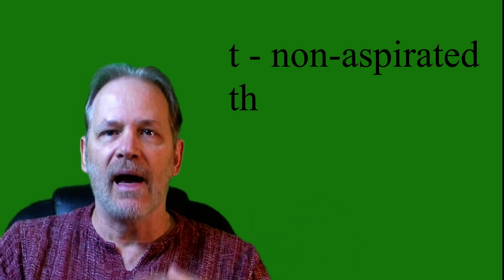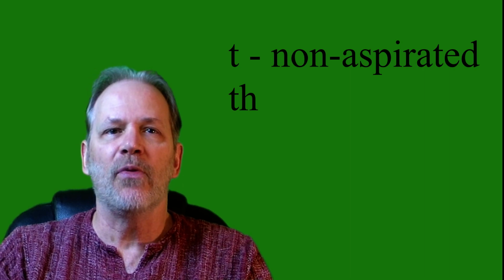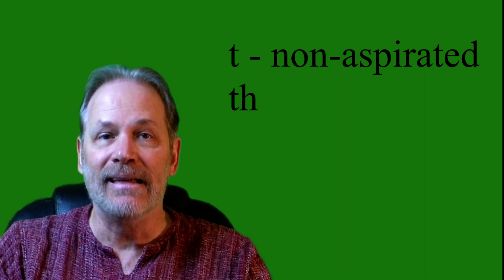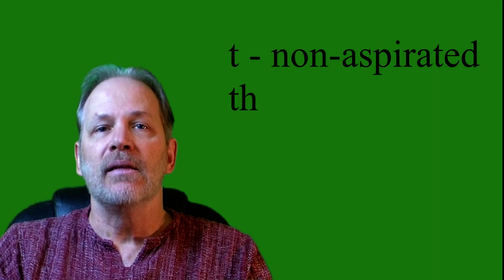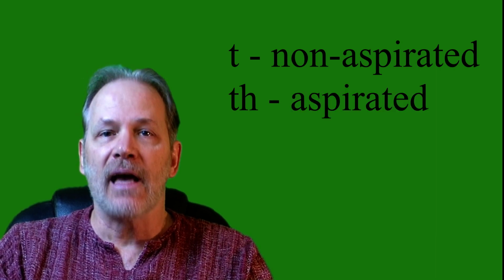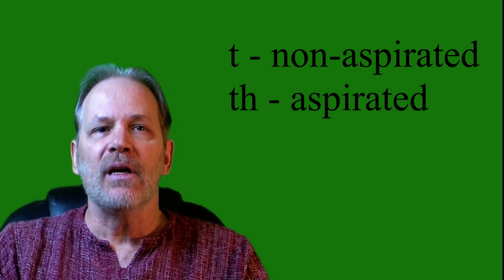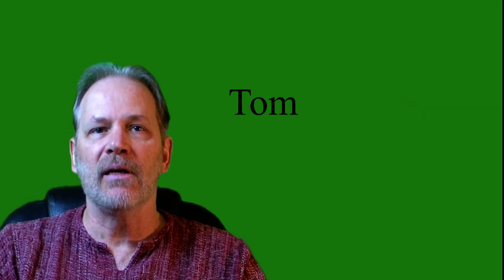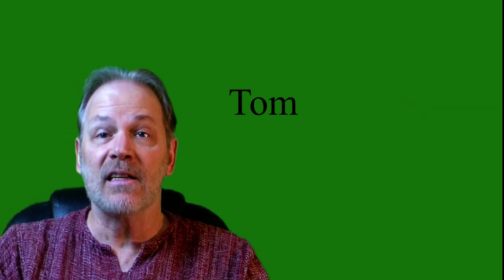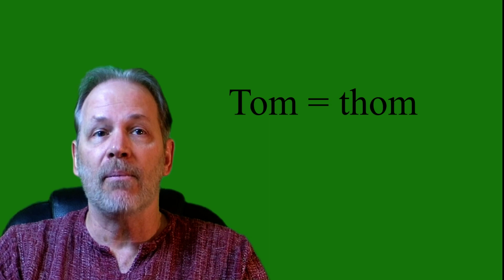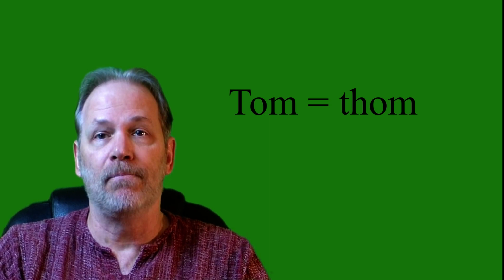That means you don't breathe out after saying it. Some people think of it like a hard D. The TH, however, is aspirated. If you think of how we pronounce the name Tom in English, a Vietnamese phonetic spelling would be Thom, and it would be pronounced Tom.